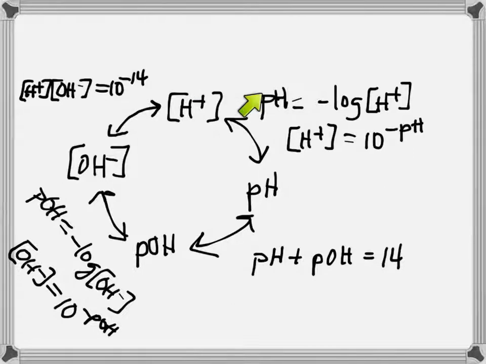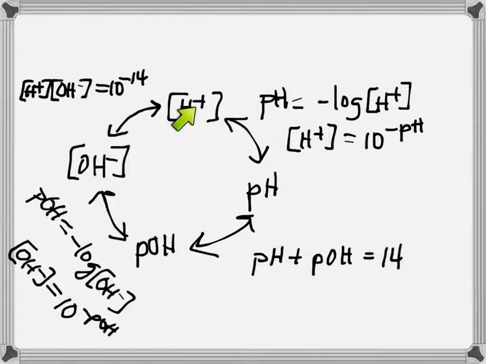So, you've heard of the circle of life. I call this the circle of pH. In that first problem, we're given a hydroxide ion concentration and we're asked to find the pOH, which is directly across the circle. It's going to require 2 steps, but you can go to the right and calculate pH and then pOH, or you can do it the other way.